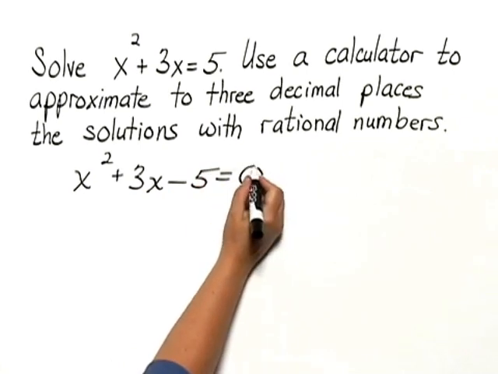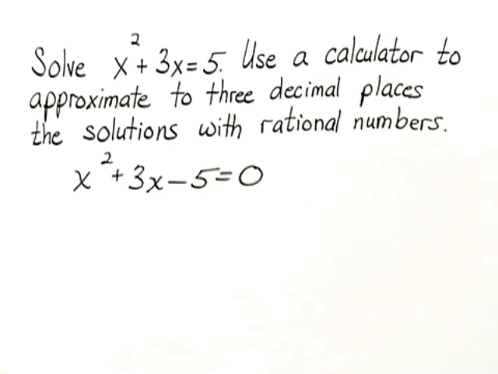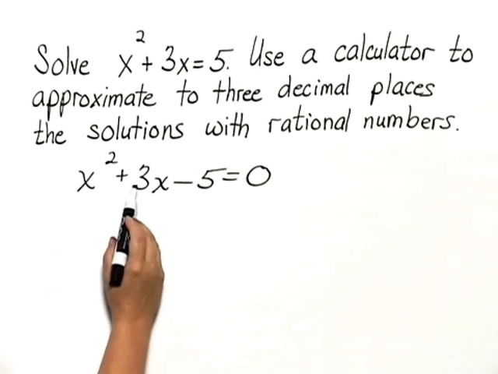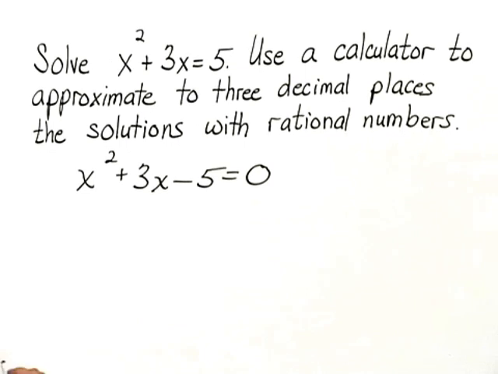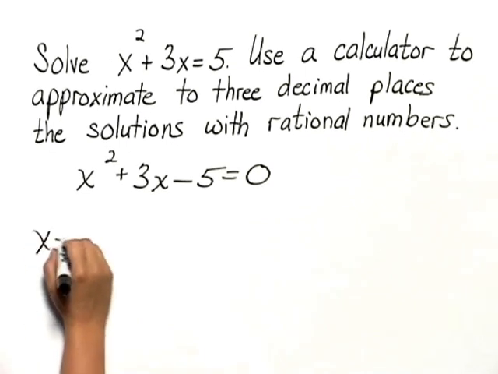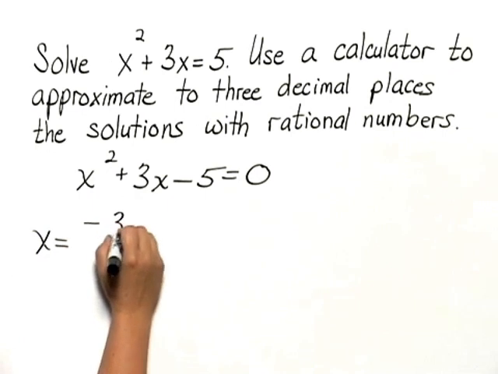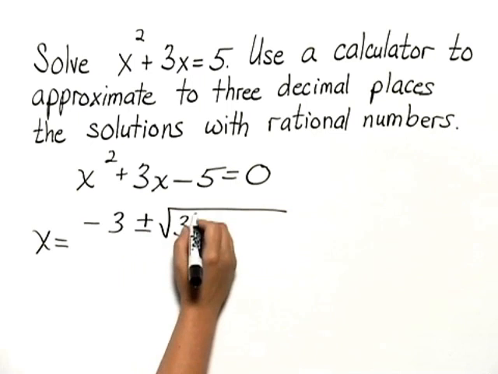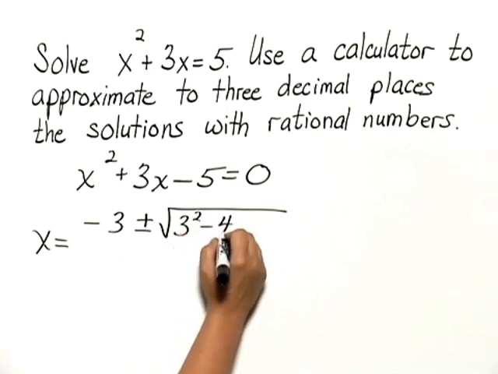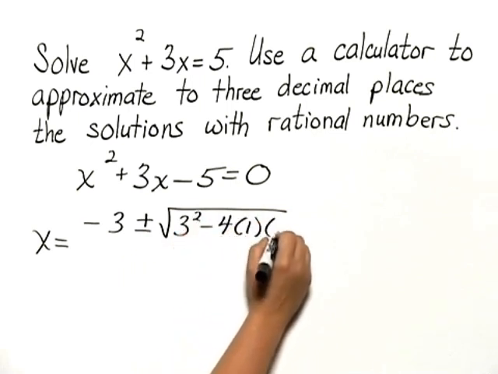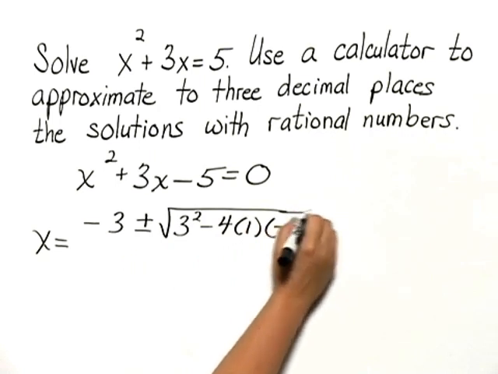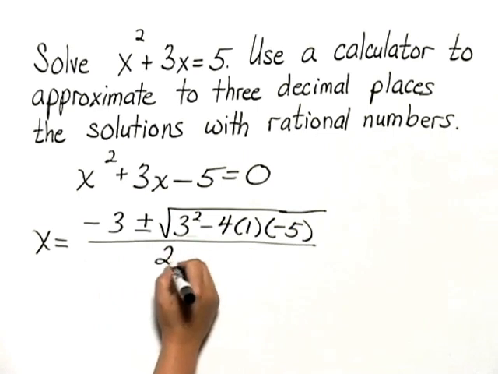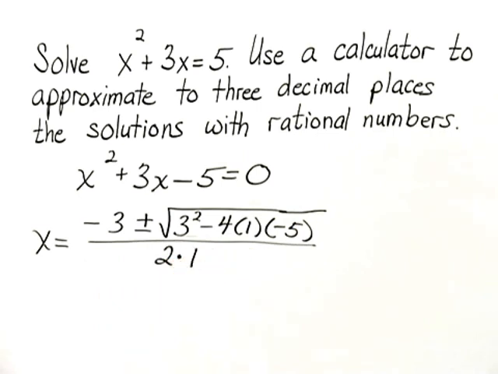And now we have a quadratic equation in standard form. It doesn't factor, so we'll use the quadratic formula with a equals 1, b equals 3, and c equals -5. It gives us x equals the opposite of b plus or minus the square root of b squared minus 4 times a times c, substituting each time I said that, all over 2 times a.